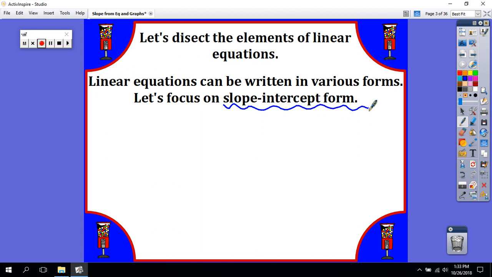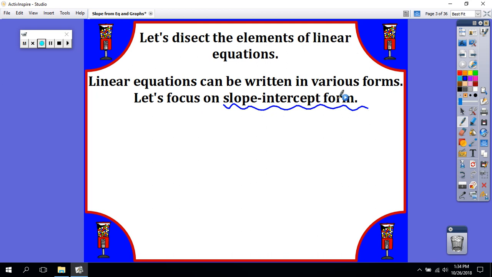And we like it because you can look at the equation and tell a lot of information just by looking at it. So we really like slope-intercept form. It's the easiest to work with. It gives you everything that you need. It's easy to graph. It's easy to talk about what the graph's going to look like just by having it written in the form called slope-intercept form. So that's the one we're going to learn first.